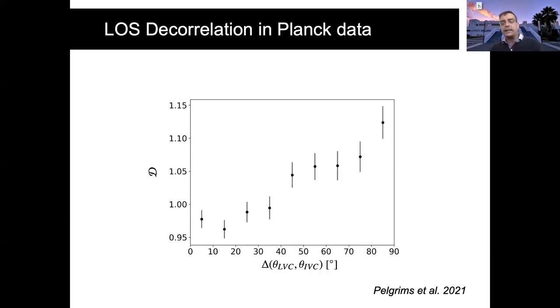And not only that, but this D, the difference in the spread between the target and the control sample, increases as the misalignment between the magnetic fields of the clouds, shown here on the x-axis, increases, just as we predicted back in 2015.